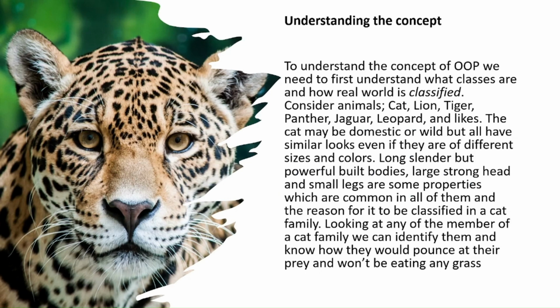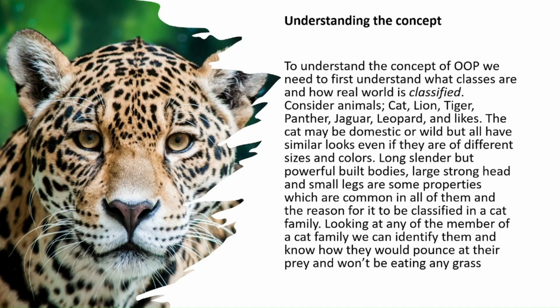We have to understand the concept of object-oriented programming. First, we have to understand how nature has classified us. So, as I said in the earlier example, if we consider a cat family, we have cat, lion, tiger, and all. The cat may be domestic or wild, but they all have similar looks.